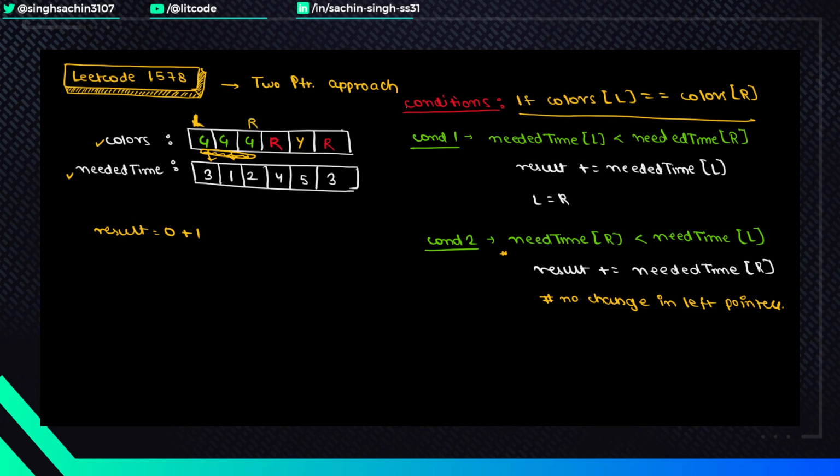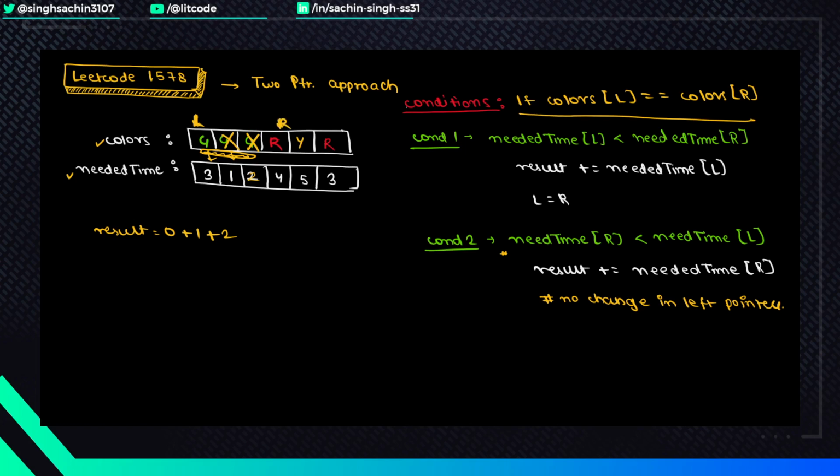Now again I'll check if both of these have the same color. Yes, they have the same color. Then again I'll remove the one with lesser time, so we'll add 2 to it. Now this one is solved, and we come to this one. This is our R now.